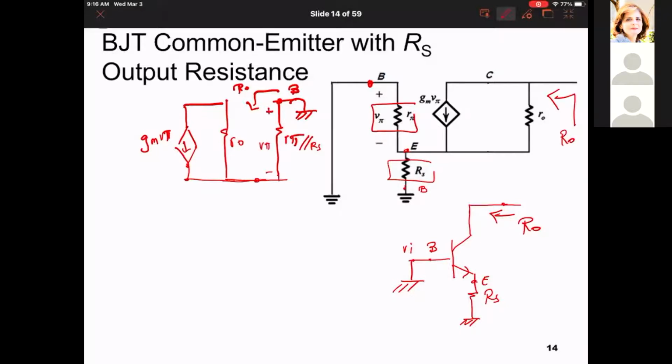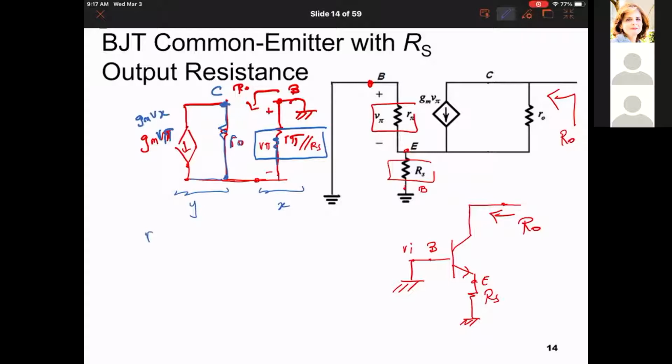Okay, so now what I am looking at is I have on one side R pi parallel to RS. On another side I have a current that depends on V pi, and this is node C, and I have a resistor parallel to this current source, which is RY. So this is branch Y, and this is branch X, and this is GMVX.